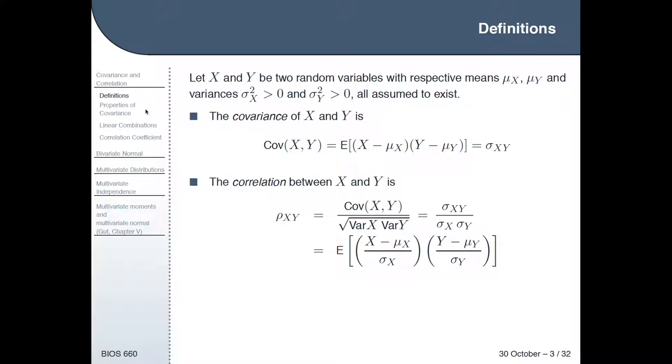And the correlation is just defined to be the covariance divided by the square root of the product of the variances. And we say that x and y are uncorrelated if their covariance is equal to 0, or equivalently, if their correlation is equal to 0.